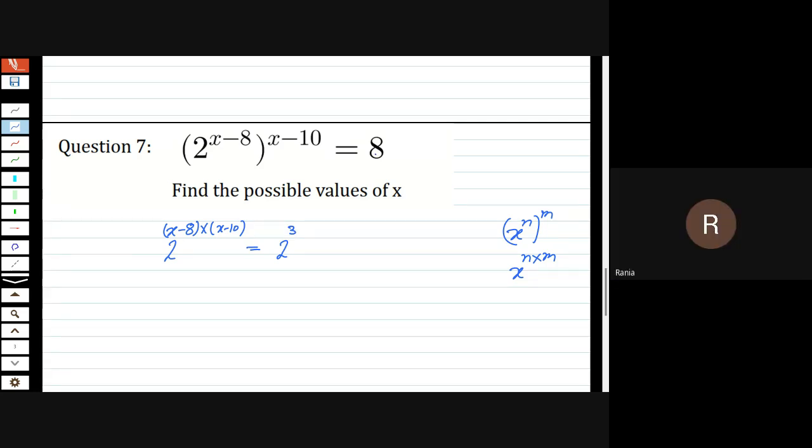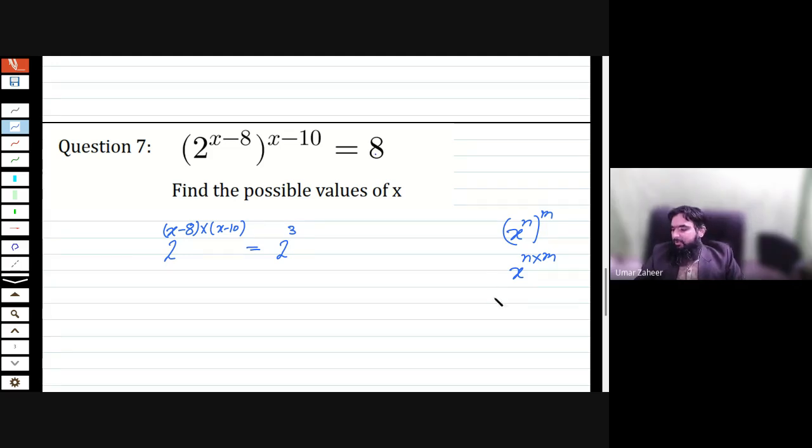Now we have one more rule of the indices. If you have the same bases and there is an equality sign, so the power must be equal. If you have two numbers that are equal with the same base, the power must be equal. We have done these rules in the indices.